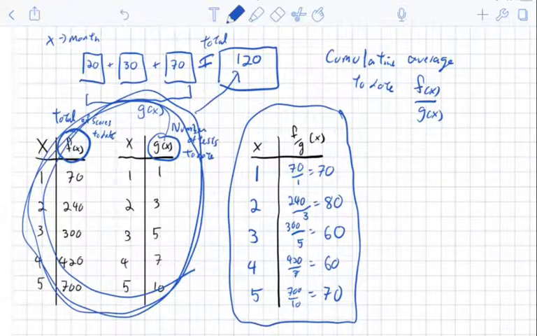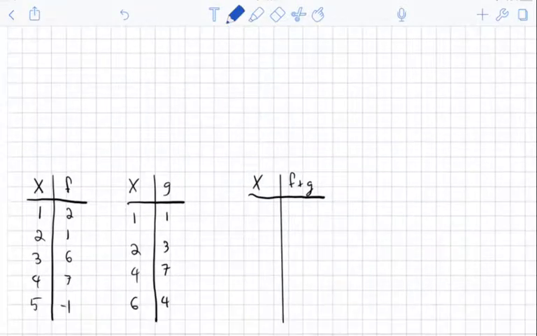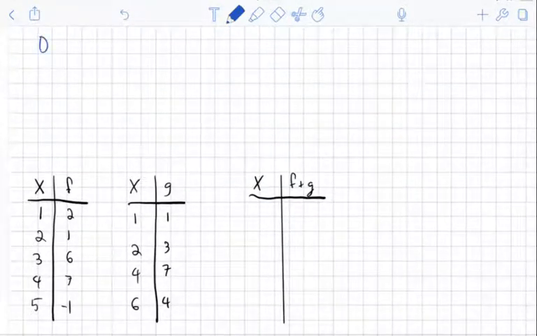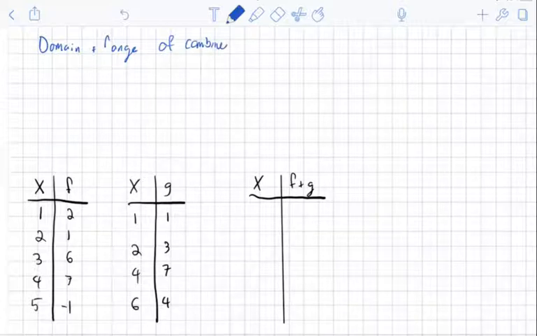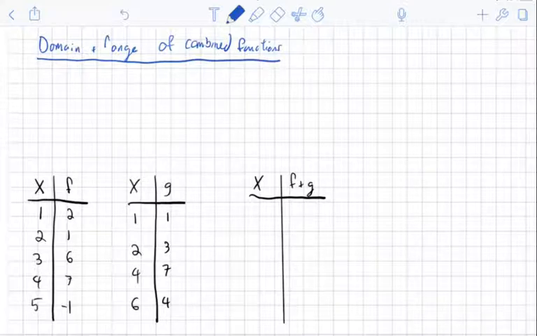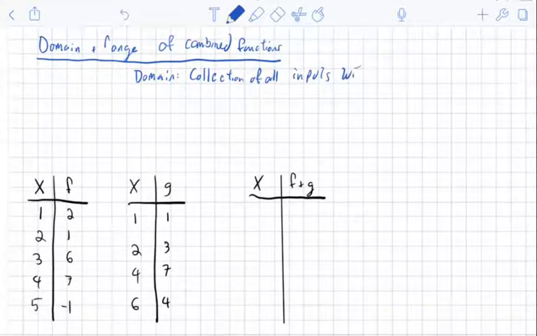Okay. So before I go on, I want to make a note here about domains and ranges. Remember, the domain is the collection of all inputs with a defined output.